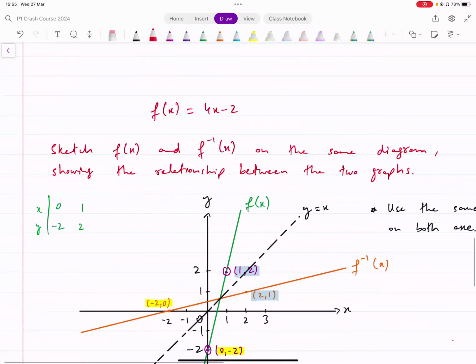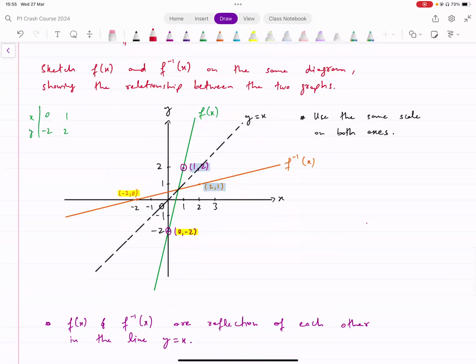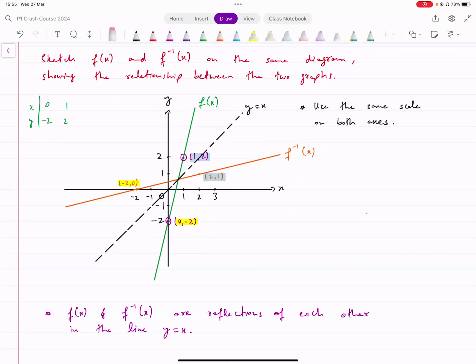And then we talked about the graph. The graphs of f of x and f inverse of x, they're always reflections of each other in the line y equals x. Whenever they ask about this, you will always draw this line on the graph y equals x whenever you're drawing graphs of f of x and f inverse of x, and you would write that they're reflections in this graph. Okay, any quick questions before we end?